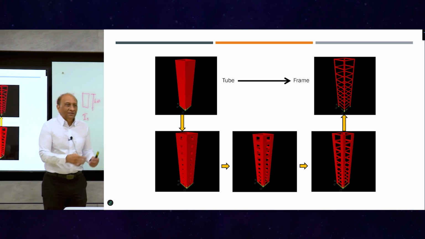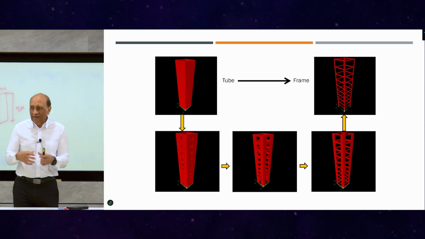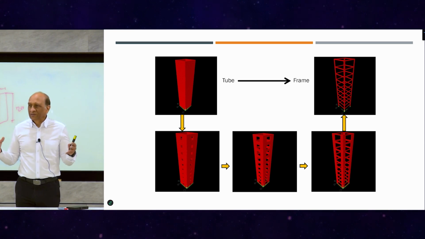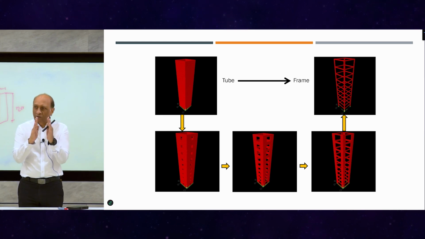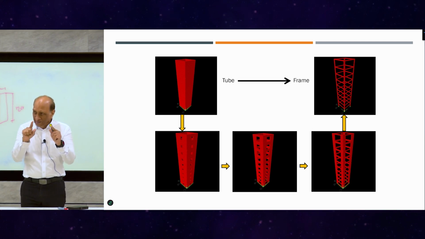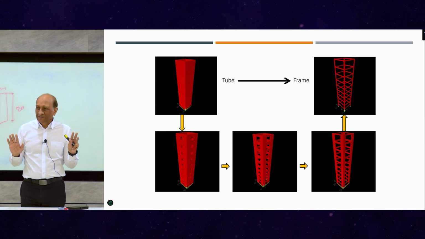So basically, it's a smooth transition between a tube and a frame. It all depends on how big the opening is between the beams and between the columns. So if we reduce that opening, or we make the columns closer and keep that opening to a certain minimal size, the ratio of that opening compared to the overall wall, we can achieve the tube effect.